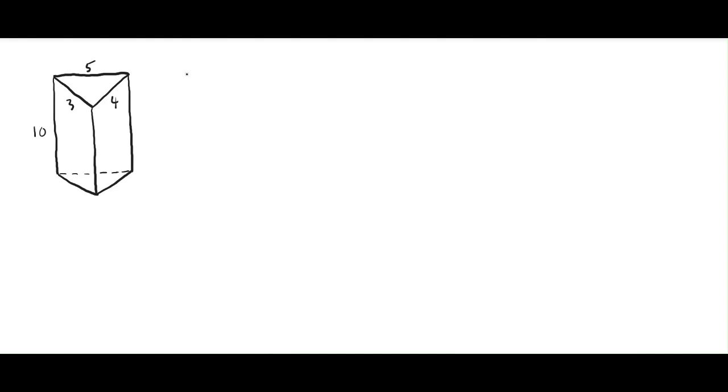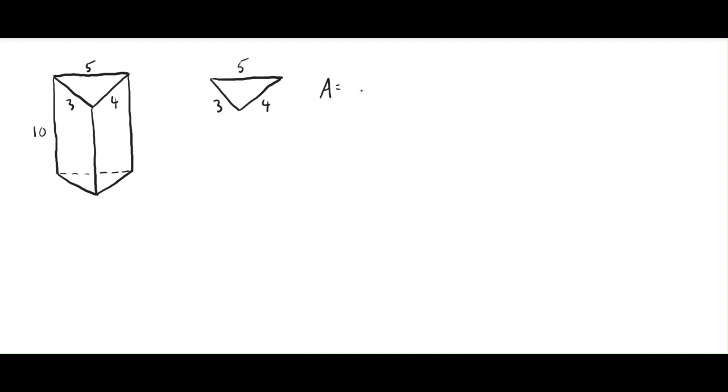Okay, so first of all, that triangle on top, it has side lengths of 3, 4, 5. And the area of this is given by something called Heron's formula. So if you didn't know how to find the area of a triangle like this, we'll start with that.